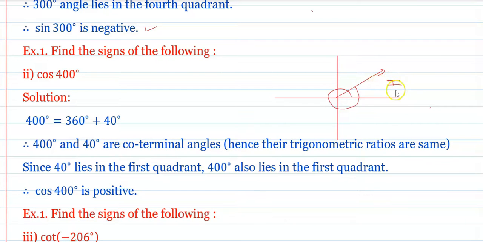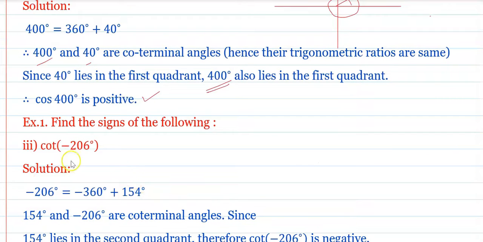In the first quadrant all are positive, and therefore cos of 400 is positive. Also you can write that 400 and 40 are coterminal angles. 40 lies in the first quadrant, and hence 400 lies in the first quadrant, and therefore cos of 400 is positive.